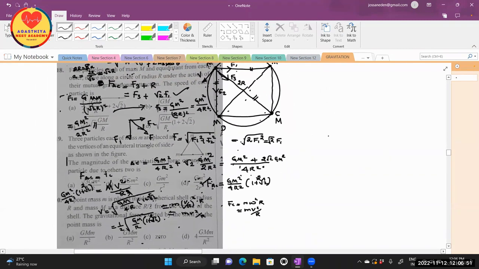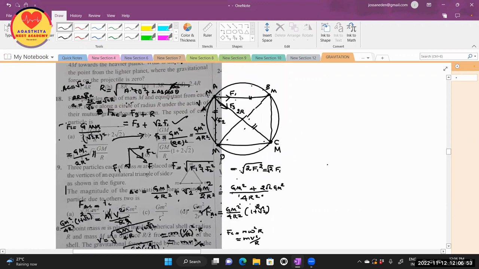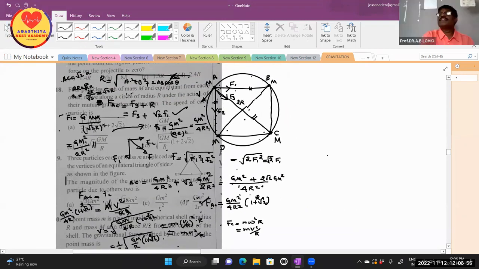Sir, once again explain, sir. Who? Tharun Kumar? Yes, sir. Okay. The problem is, there are 4 masses which are revolving in the circular orbit. The distance between each particle is constant while revolving.